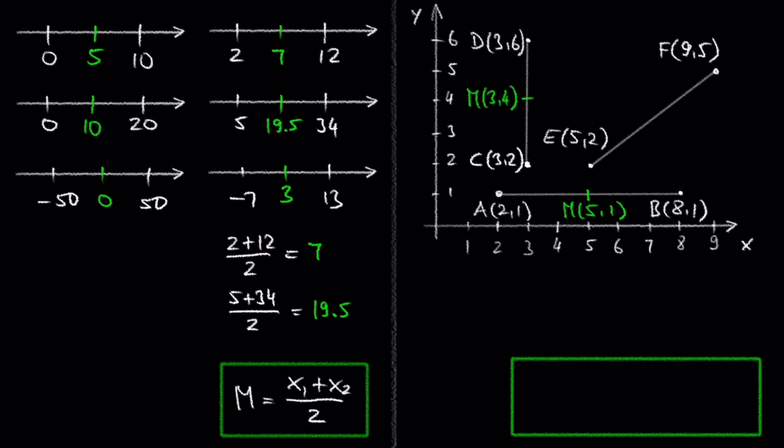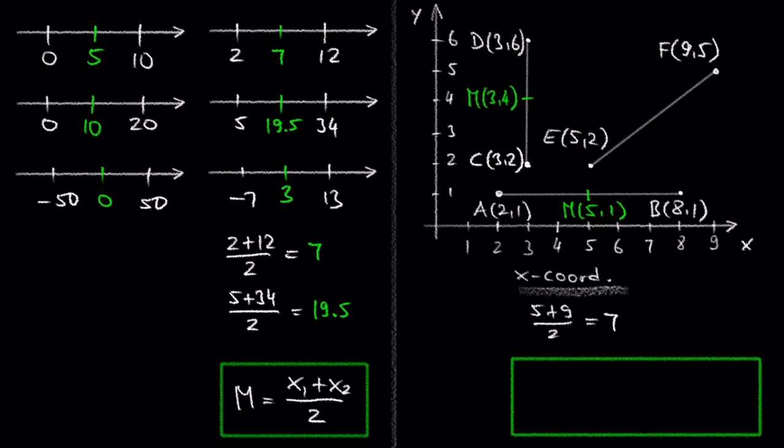The midpoint of the x-coordinates is the same as we did in the previous examples and in the examples on the number line. We just add up the two x-coordinates, which are 5 and 9, which is 14, and then divide that by 2, which is then 7. So the x-coordinate of the midpoint is 7.